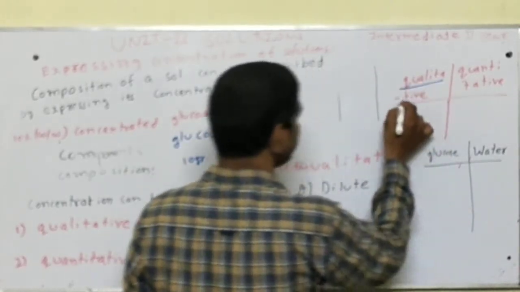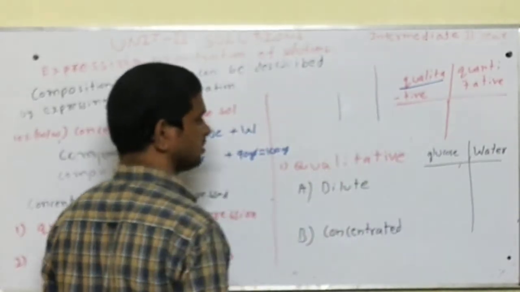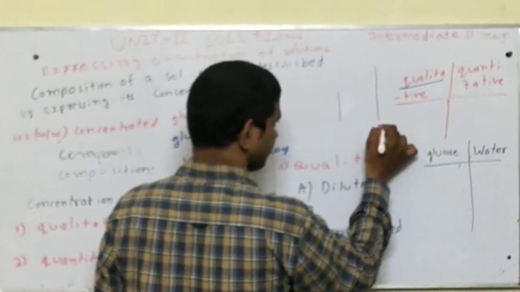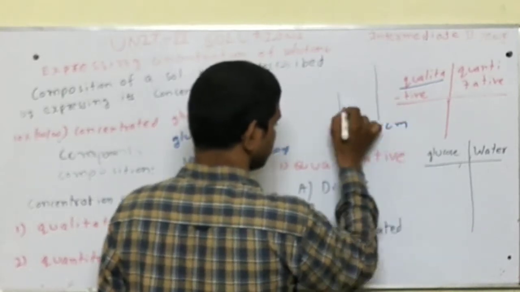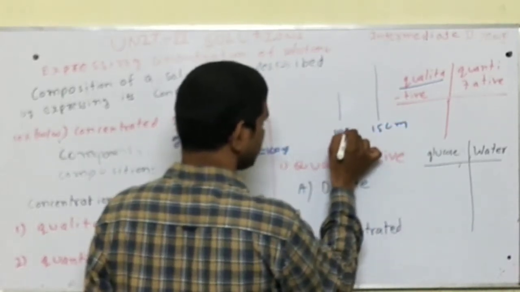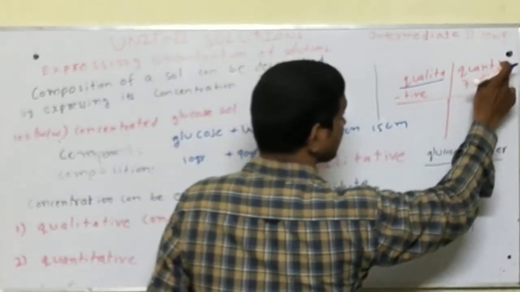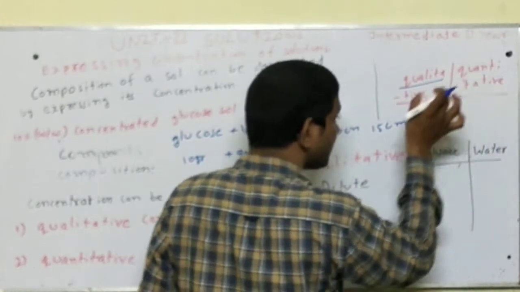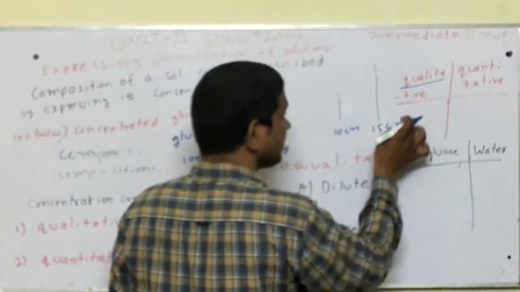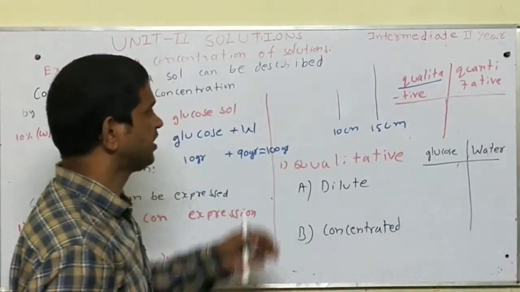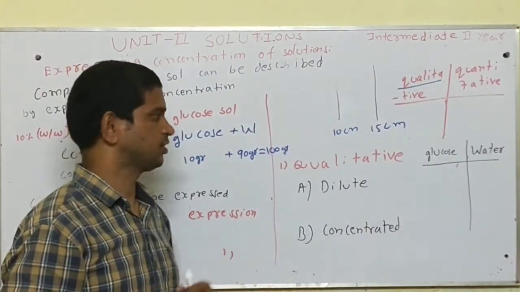If I write this, it has 15 centimeter height and it has 10 centimeter height. This is quantitative. Here I am mentioning the quantity. In qualitative we are relatively comparing which is taller and which is shorter.